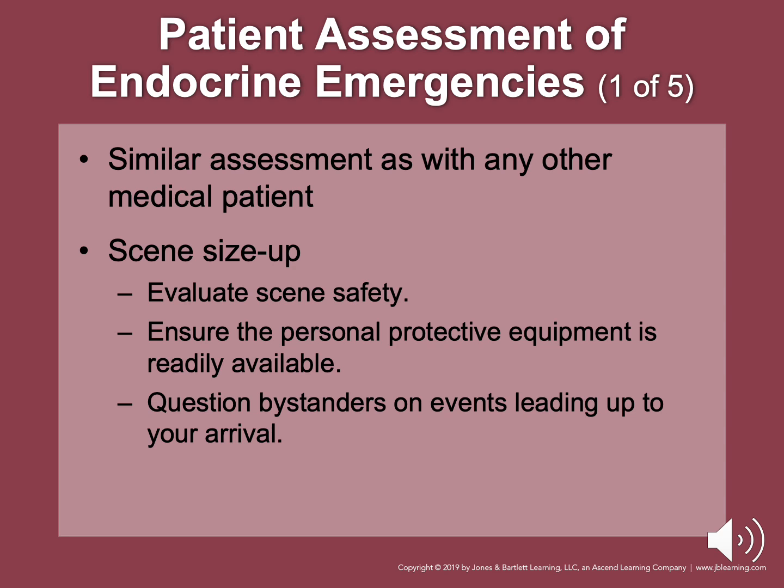Okay? So, in the scene size up, evaluate the scene's safety, ensure the personal protective equipment is readily available. Be very, very careful with insulin syringes on the bed stand, insulin bottles in the refrigerator, or a plate of food or glass of orange juice, which are important clues that may help you decide the problem.